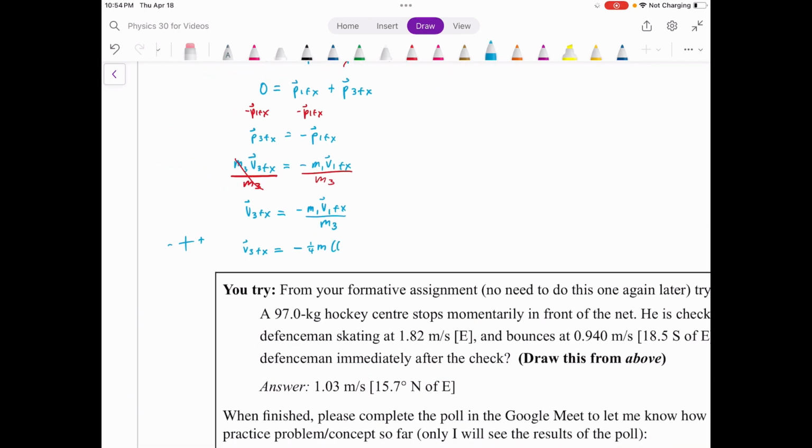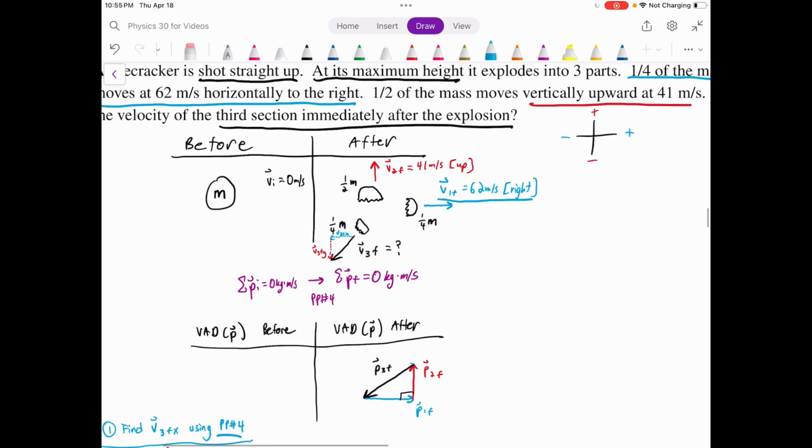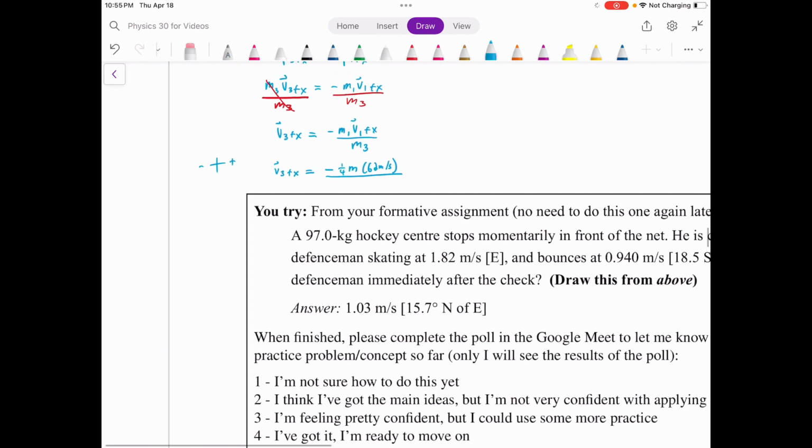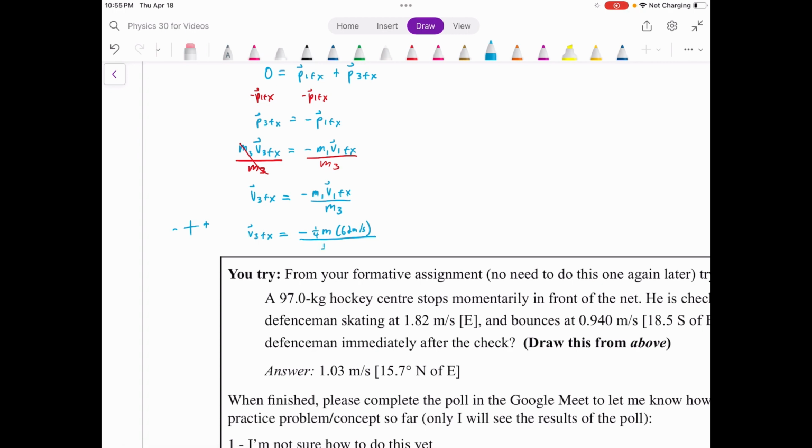So positive 62 meters per second divided by mass 3. Again, we don't know what mass 3 is, but we know that it's 1/4 of the total mass.